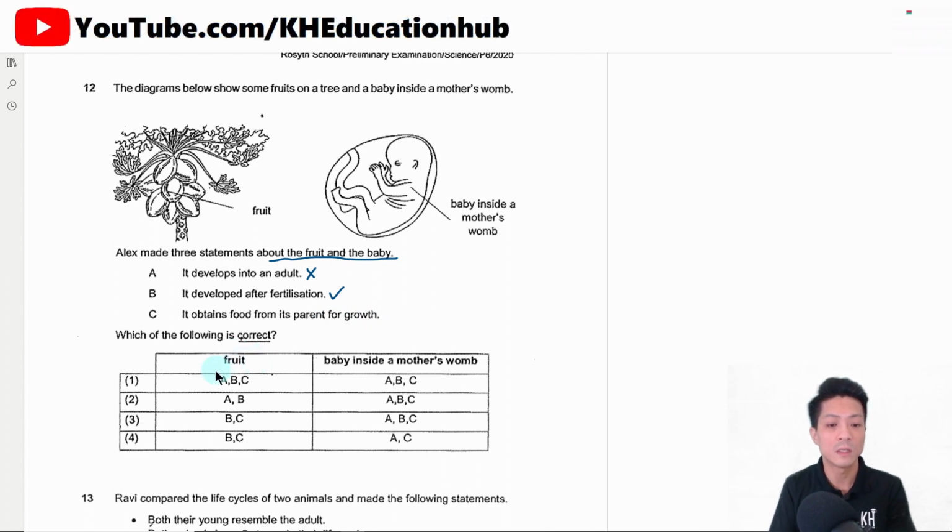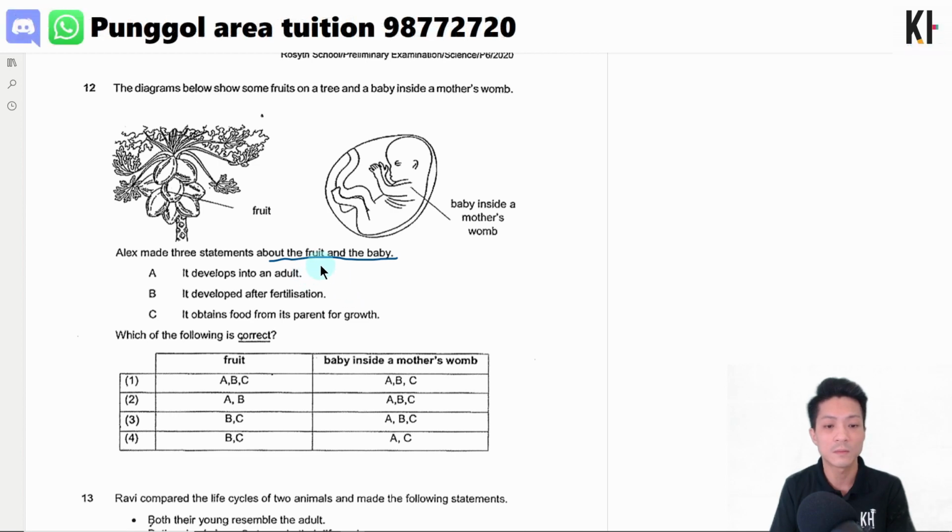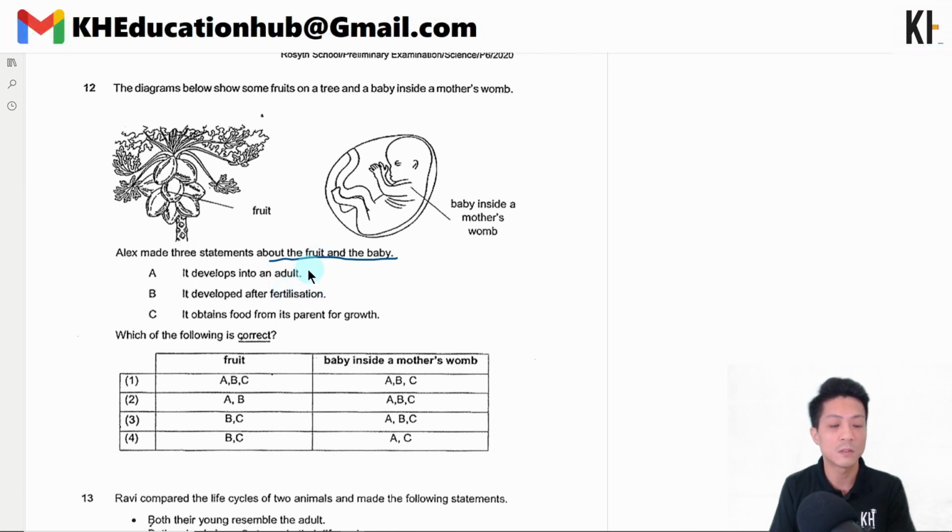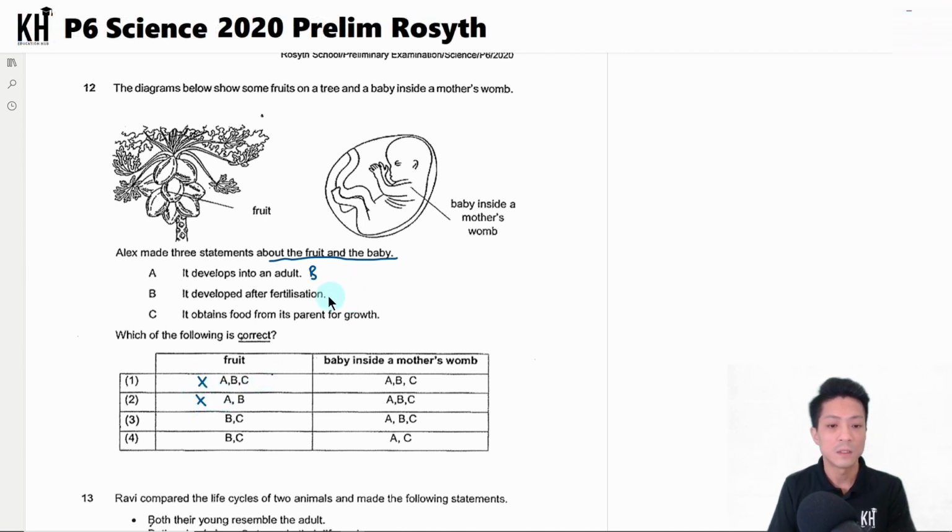Okay, because we are talking about the fruit, maybe I put a tick and cross. Which of the following is correct? Correct for the fruit. This is not for the fruit, this is for the baby. Okay, so I need to cross out those with A. B is correct for both.